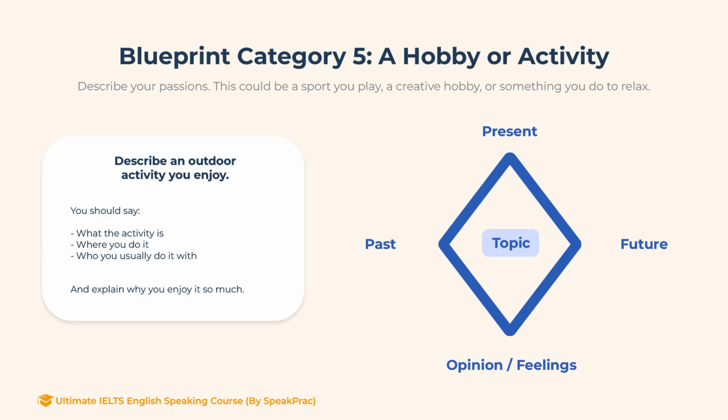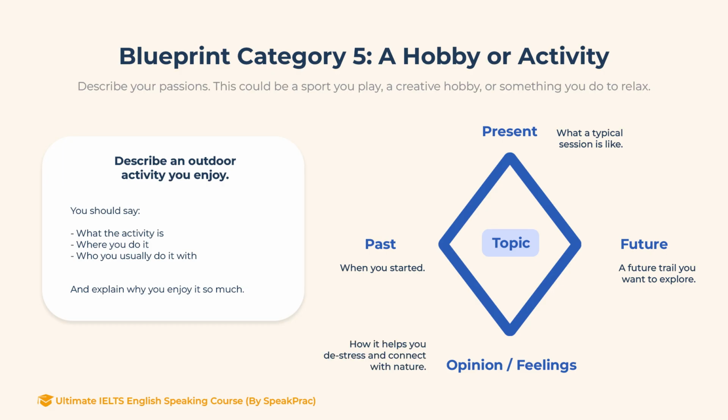So whether it's hiking, cycling, or just reading in a park, you can talk about when you started, which is the past, what a typical session is like, and that's the description of that present moment. Then talk about a future trail or future session that you want to do. And here you're talking about the future.